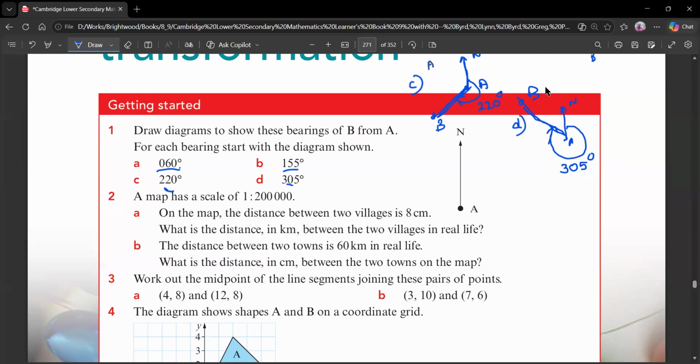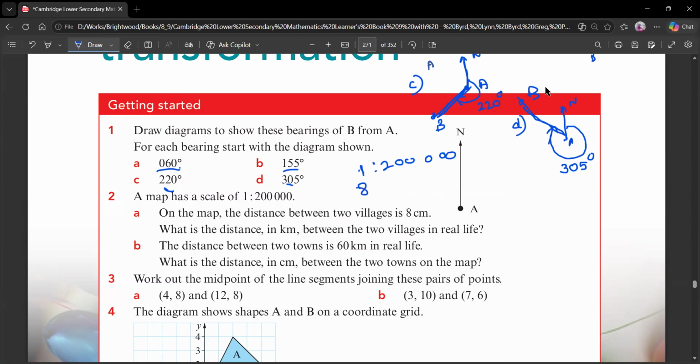They are asking: on the map, the distance between two villages is 8 centimeters. What is the distance in kilometers between the two villages in real life? So 8 centimeters, with the scale 1 to 200,000. Here is the proportion.